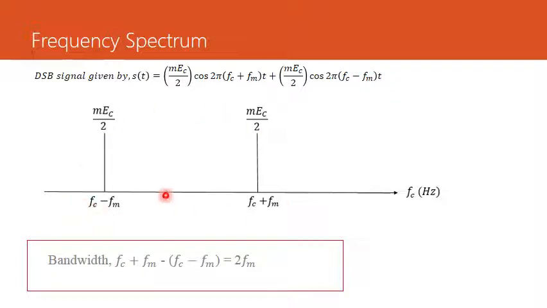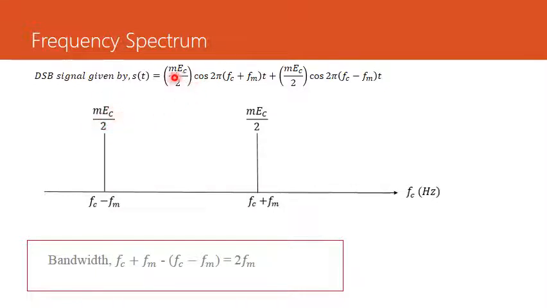In the frequency spectrum, the x-axis is frequency in hertz, and the upper sideband is at frequency fc plus fm with an amplitude of m Ec by 2. Similarly, at frequency fc minus fm we have the lower sideband with amplitude m Ec by 2.